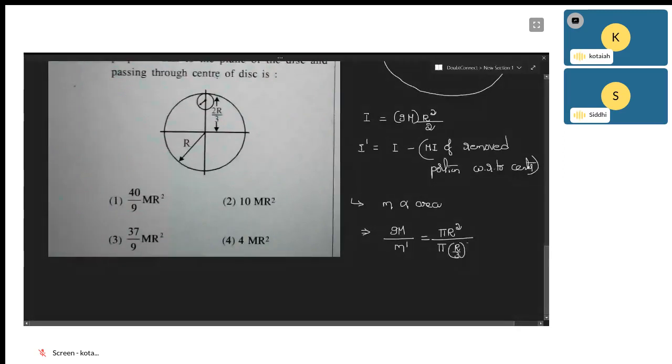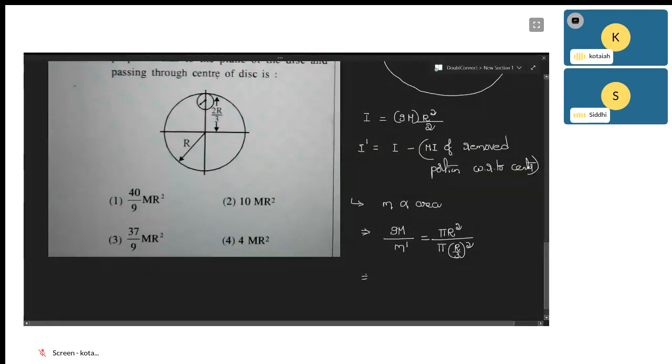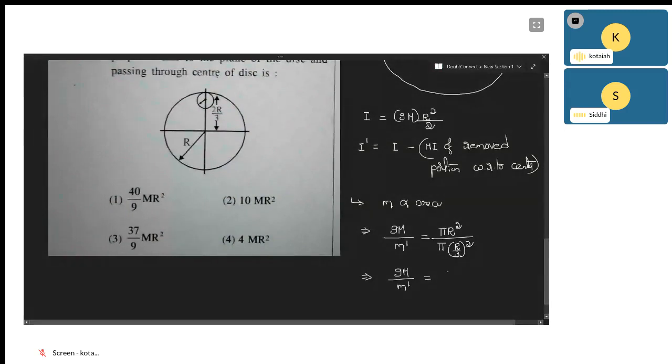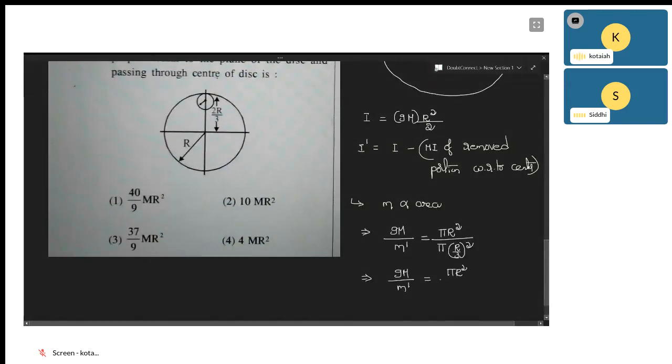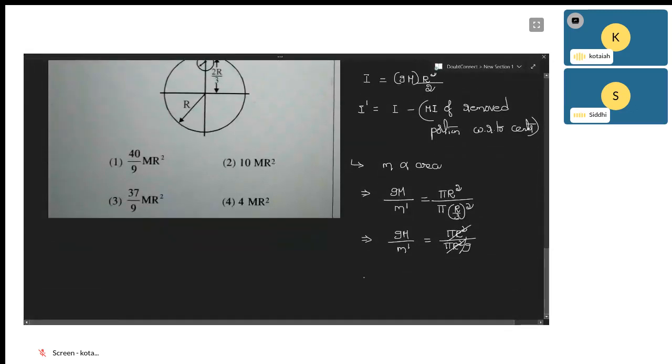Area of the small disk means pi into R by 3 whole square, because its radius is R by 3. They have mentioned. So that implies 9M by M dash is equal to pi R square by pi R square by 9. This pi R square will be cancelled. So that implies M dash is equal to M. So the mass of the removed portion is M.